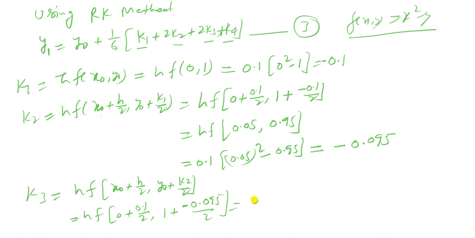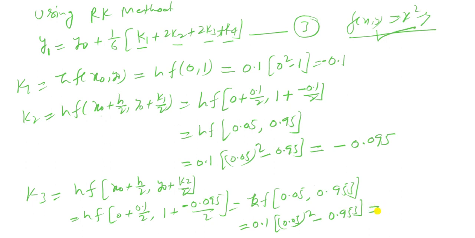So h f of 0.05 comma 0.953, and using f of x y is equal to x square minus y, h is 0.1, so 0.05 square minus 0.953. Simplify this with the help of the calculator, then this value is equal to negative 0.095.